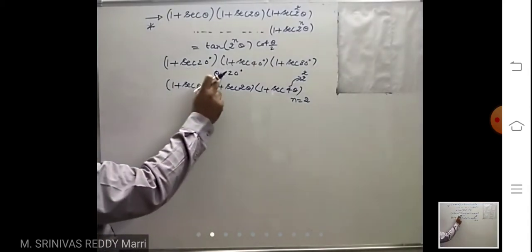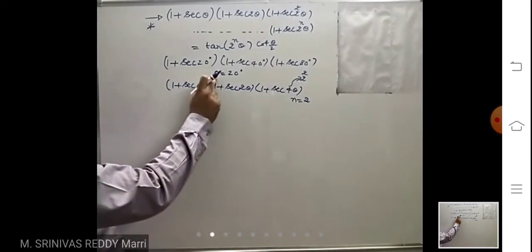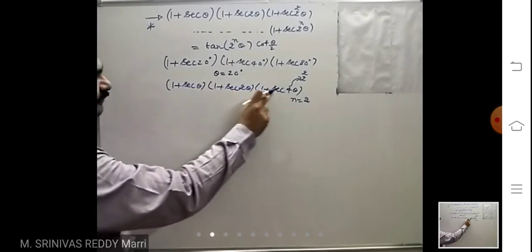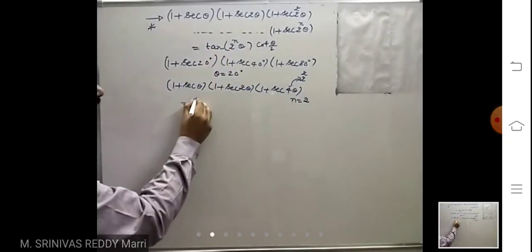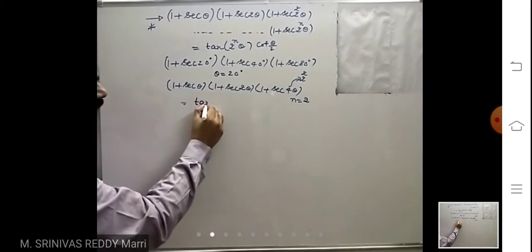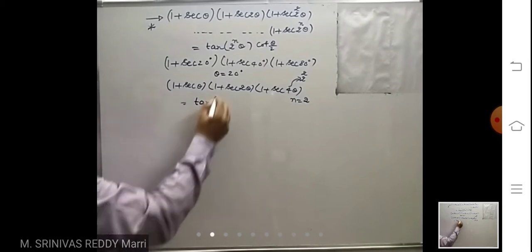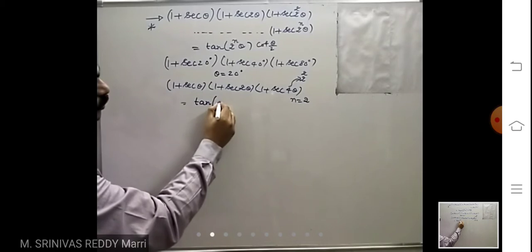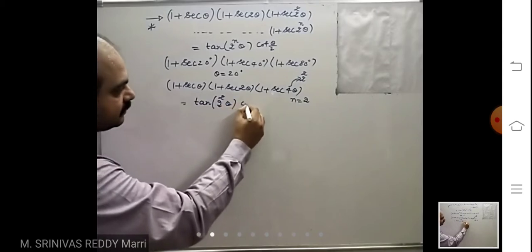Look at, theta equal 20 degree. 1 plus secant theta, 2 theta, 4 theta. So n equal to 2. So in this formula n equal to 2 means you will get tan of 2 power n, that means 2 square into theta.